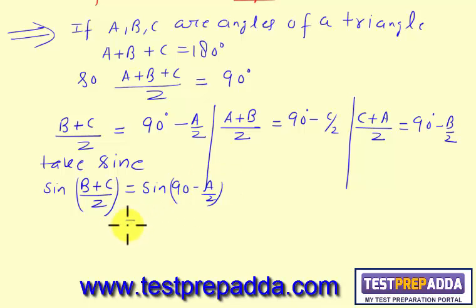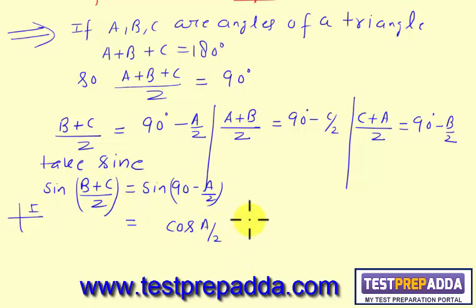Sine 90 minus theta is what? Cos theta. And since 90 minus theta will lie in the first quadrant and all trigonometric functions are positive in this first quadrant, so sine will also be positive. So sine B plus C by 2 comes as cos A by 2.